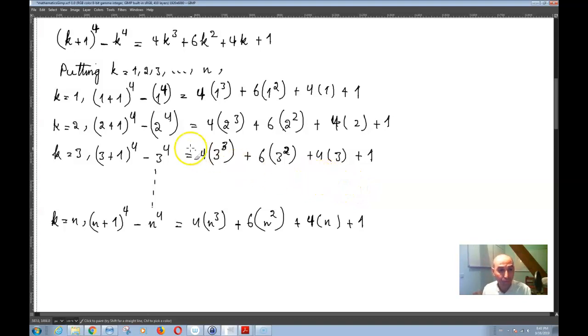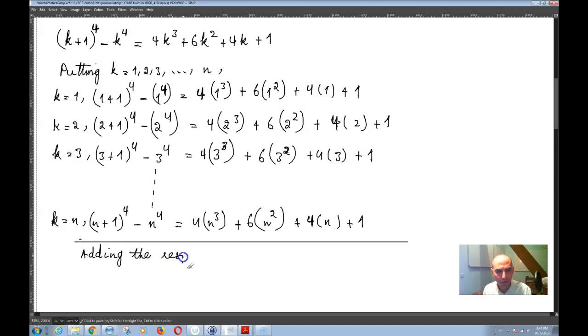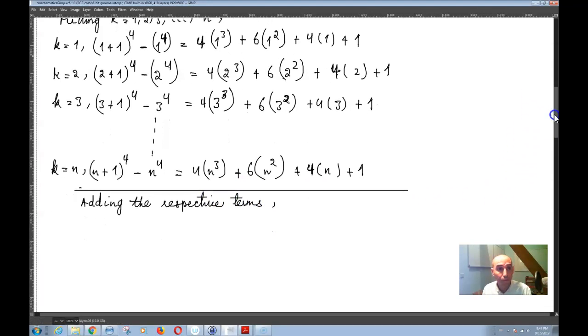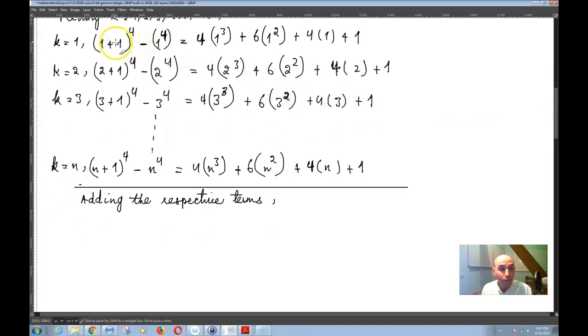And now if I add everything, adding the respective terms, what I will get is, over here, 1 plus 1 raised to the power 4, so that's 2 raised to the power 4, that's 3 raised to the power 4, that's 4 raised to the power 4, all the way up to n plus 1 raised to the power 4.